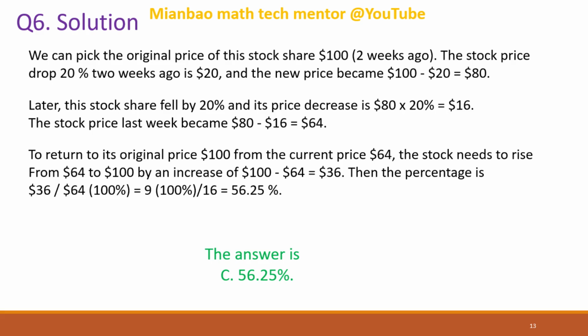The stock price last week became 80 minus 16 equal to $64. To return to its original price $100 from the current price $64, the stock needs to rise by 100 minus 64, equal to $36. Then, the percentage is 36 divided by 64, equal to 56.25%. The answer is C.